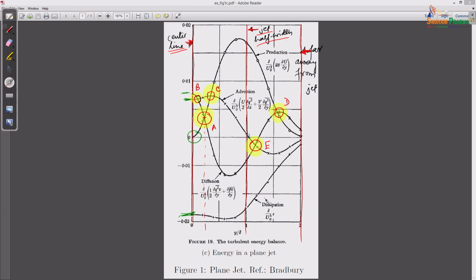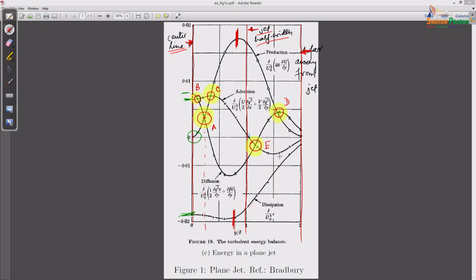The interesting thing is that just before that, where you have the production maxima, which is somewhere over here, that's where you also have the dissipation minima. After that, the production starts decreasing and the dissipation starts increasing. It changes slope, actually.